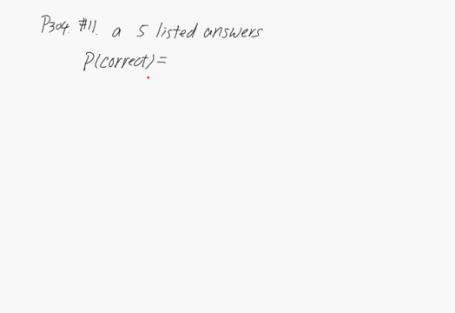The probability of the correct answer is 1/5, right? Totally you have 5 answers available, and only 1 answer is right. And then the probability of the wrong answers is 4/5.